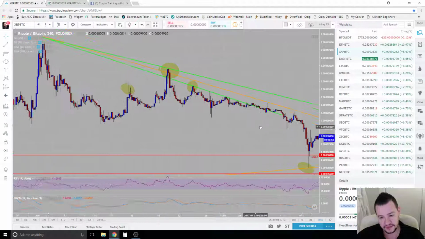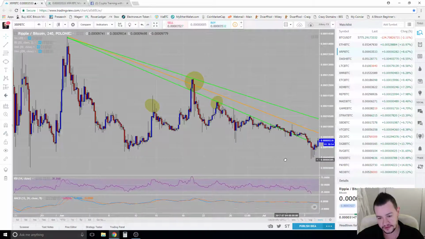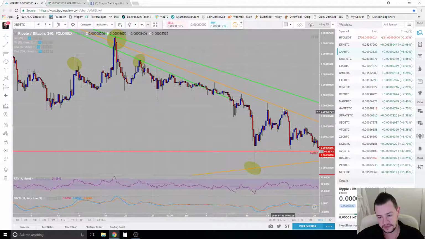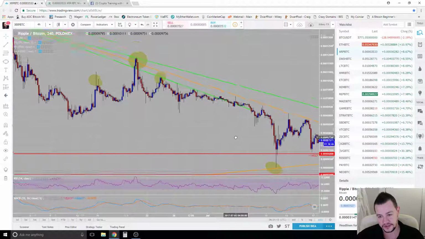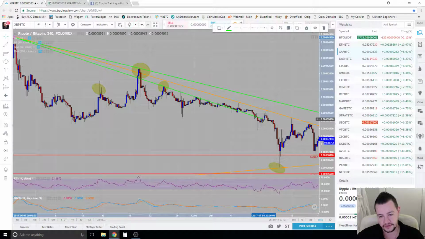Now once we start to form these prices, okay, and this touch, and this touch, and this touch, we need to adjust our trend line. So our trend line now goes from here, okay, we would then drag it up to here because it's a stronger level.